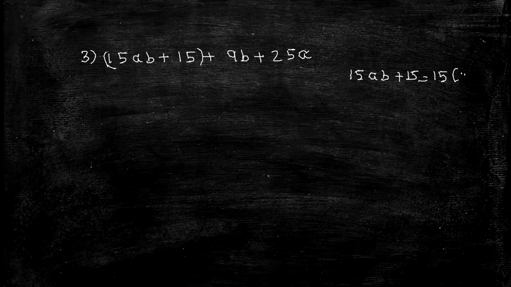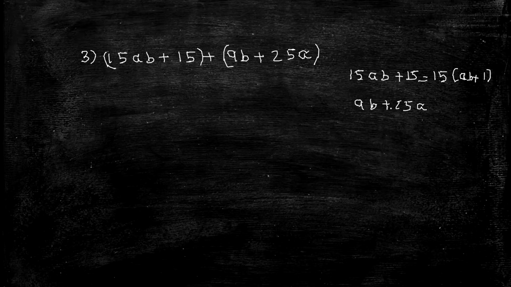Perfect. And then I am left with ab plus 1. Now when I combine these two terms, 9b plus 25a, I do not have anything in common here. So it is difficult for me to factorize this way.